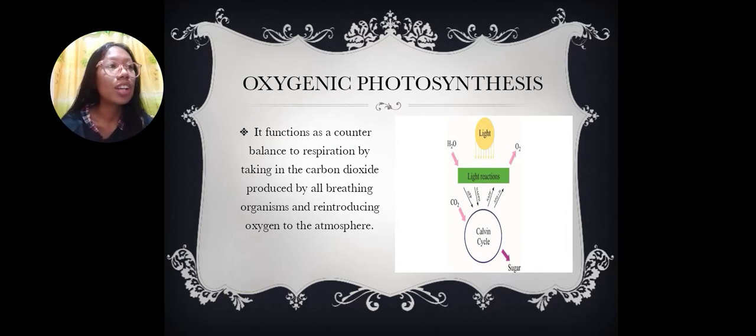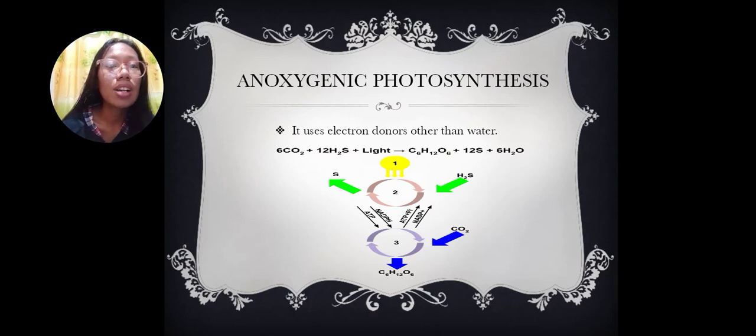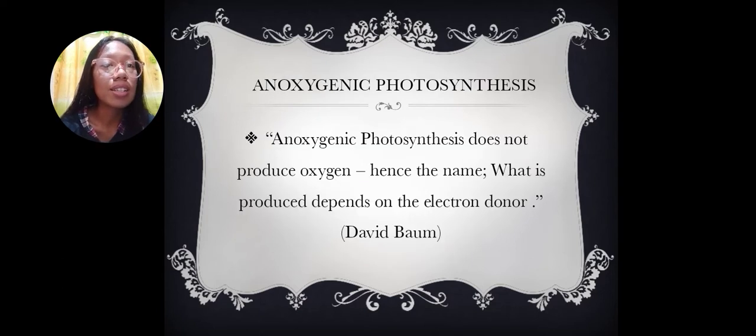So, on the other hand, anoxygenic photosynthesis uses electron donors other than water. The process typically occurs in organisms such as purple bacteria and green sulfur bacteria, which are primarily found in various aquatic habitats. So anoxygenic photosynthesis does not produce oxygen, hence the name.